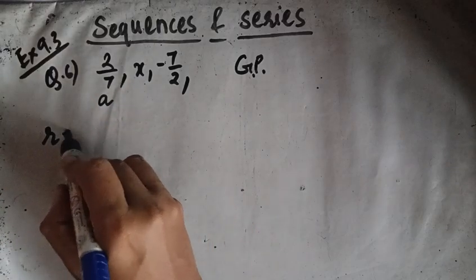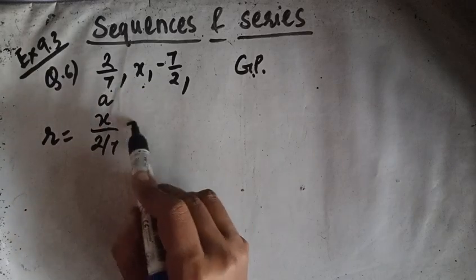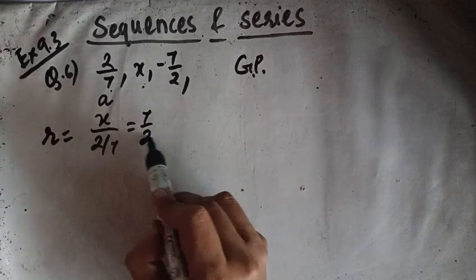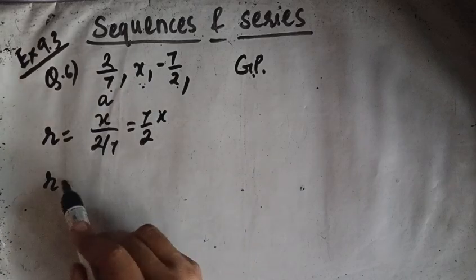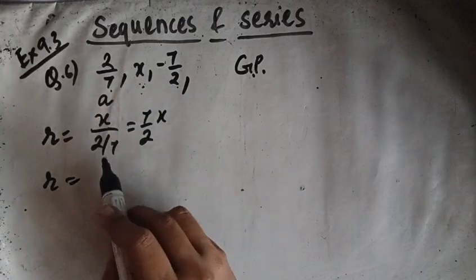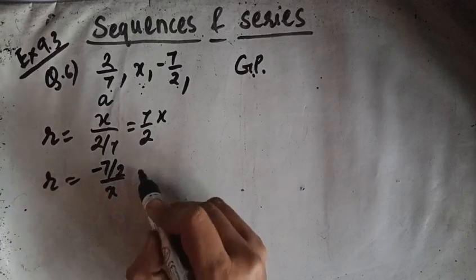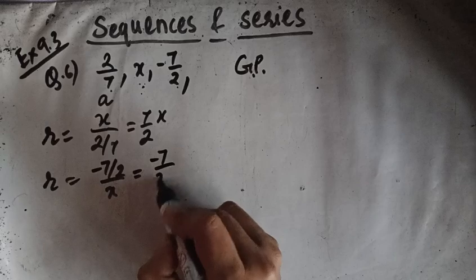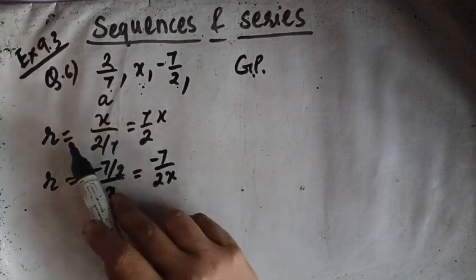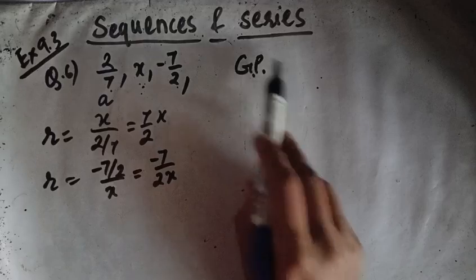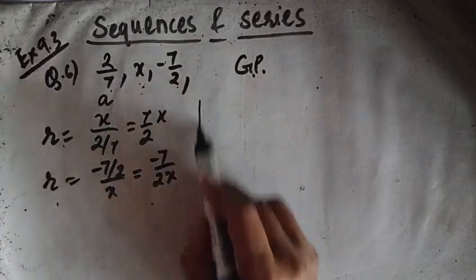Ratio is A2 upon A1, so x upon 2 by 7. Again, if you take the ratio of the third and second term, it will be minus 7 by 2 upon x, which is minus 7 upon 2x. Now this is given to be a GP, so both the ratios are the same.